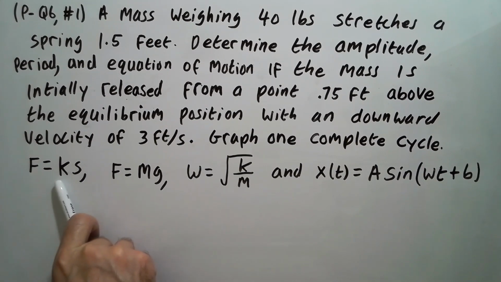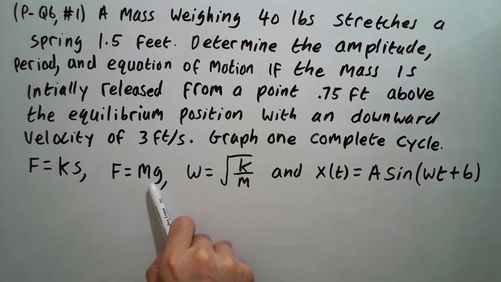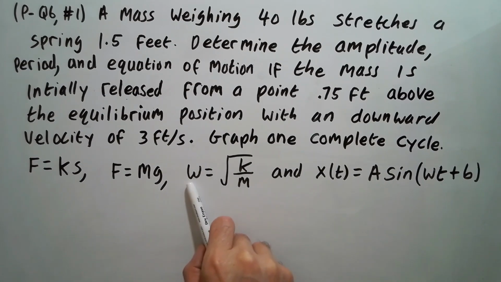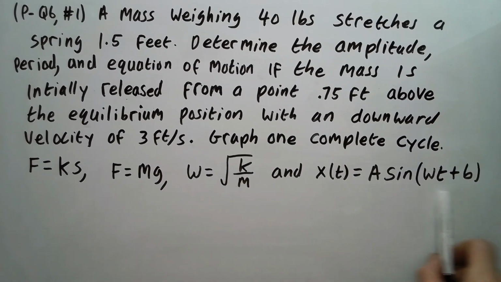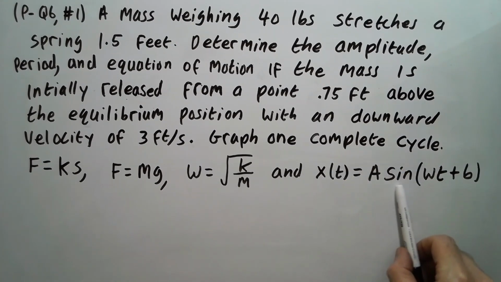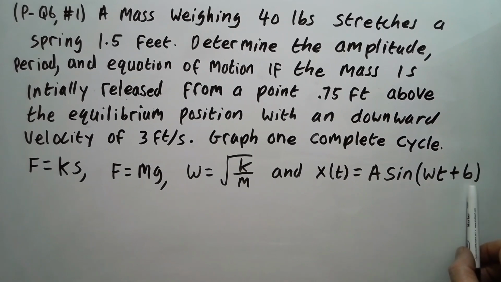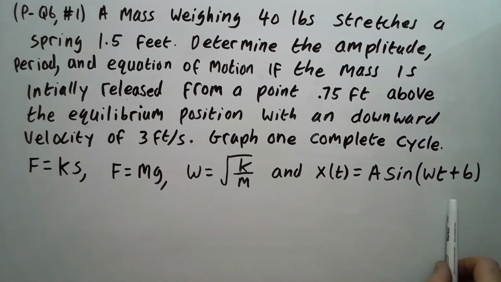This first one is Hooke's law, and then our F is equal to mass times g, where g here is the gravity, and we have our w, or omega, is the square root of k over m, and here's our position function that models an oscillating spring. So it's x of t equals a sine of wt plus b, where the a in front here would be the amplitude. Okay, so let's start finding all these things.